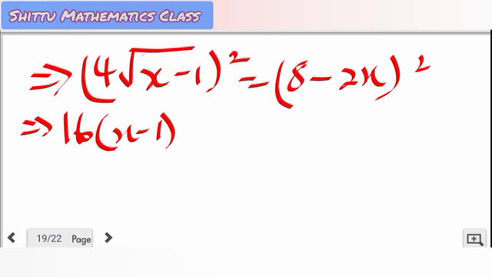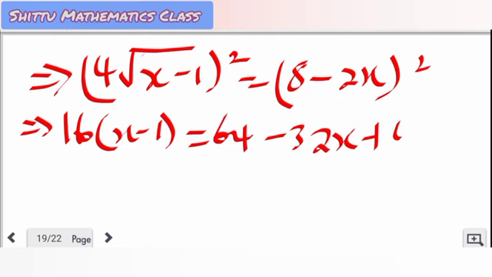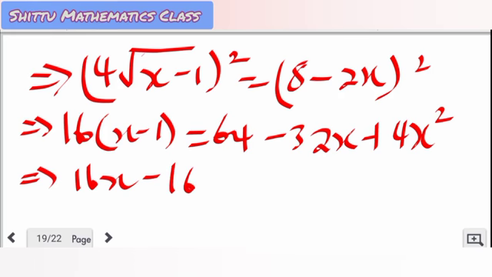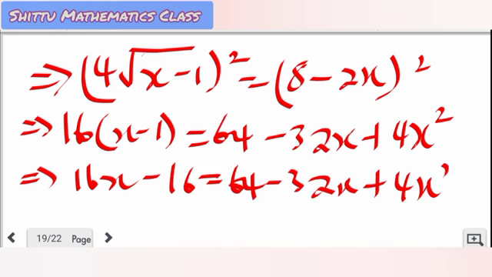So 16 into bracket x minus 1 equals 64, by expanding the right hand side, minus 32x plus 4x squared. So now from here we try to open the bracket. We have 16x minus 16 equals 64 minus 32x plus 4x squared.